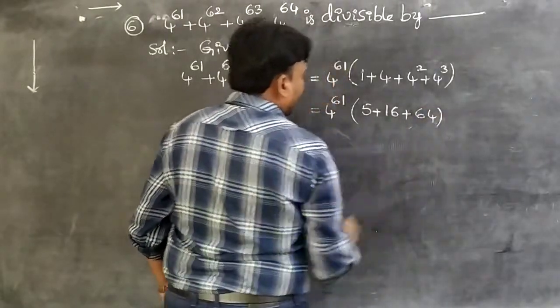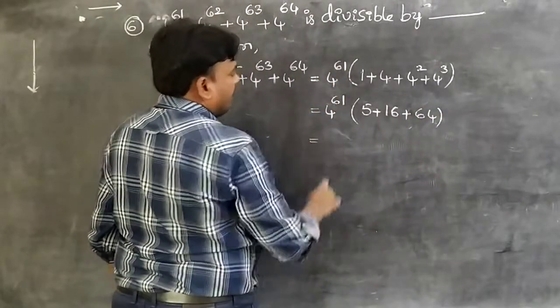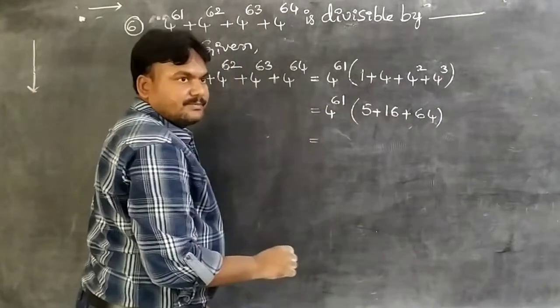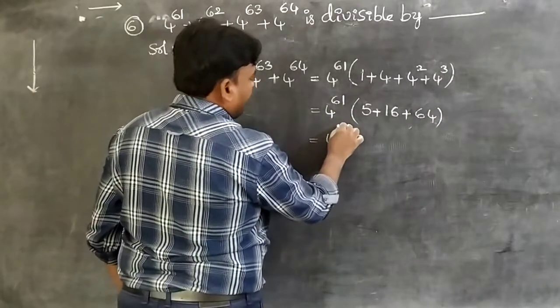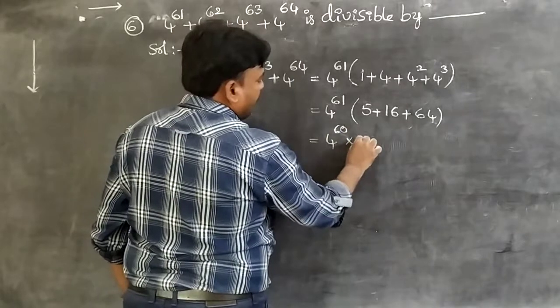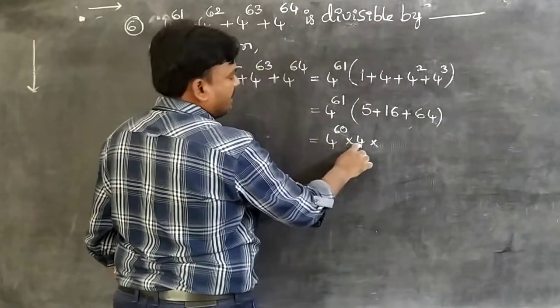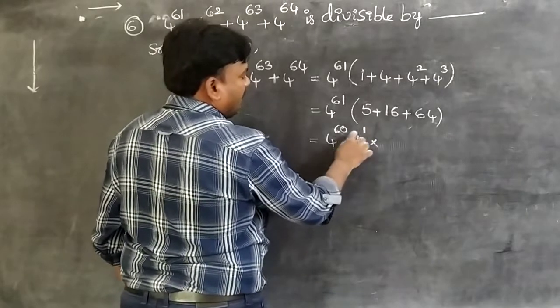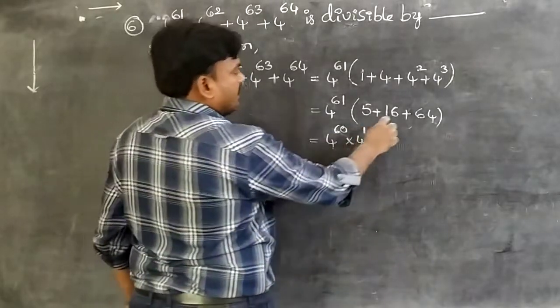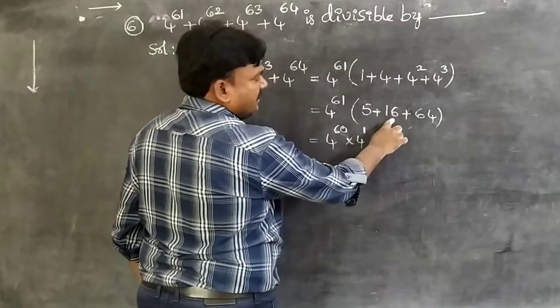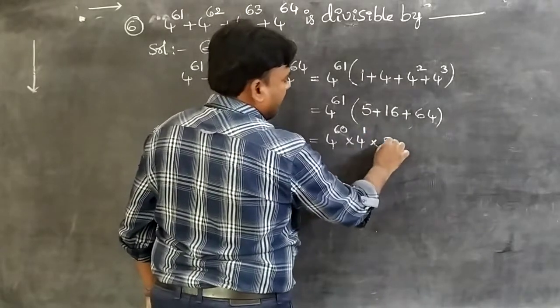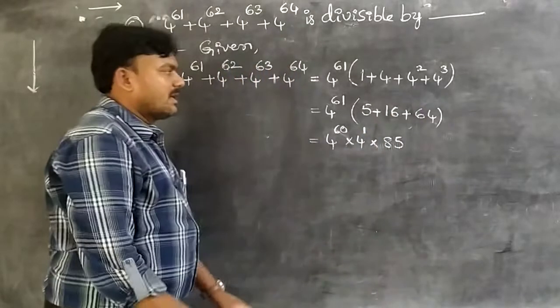64. So then 4 power 60 into 4, into again 4 power 60 into 4 power 1, nothing but 4 power 61. Next 64 plus 16 is 80, 80 plus 5 is 85. Now clear, I thought.